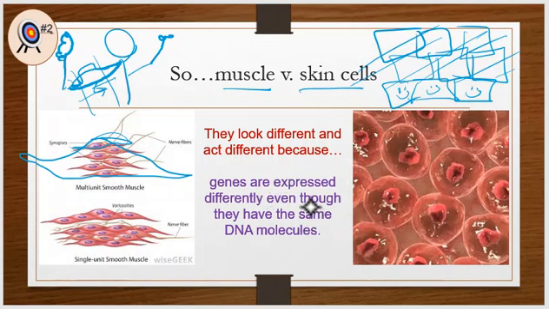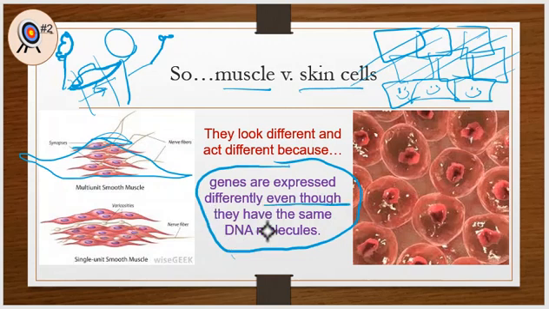If you think about how often you lose skin cells, you want to have a bunch of layers that are kind of the first line of defense. So these two types of tissue, muscle and skin, look different and act differently because genes are expressed differently, even though, and that's the key here, they have the same DNA molecules.